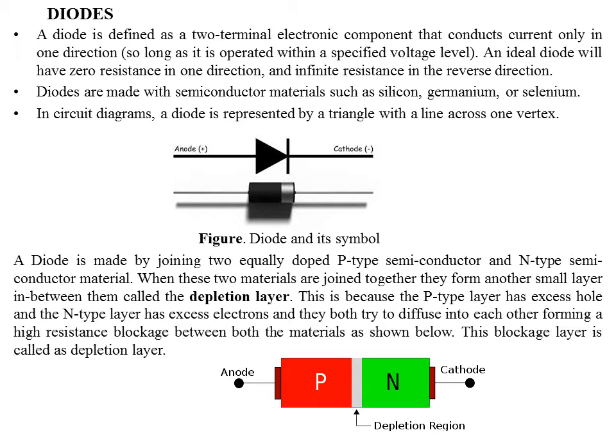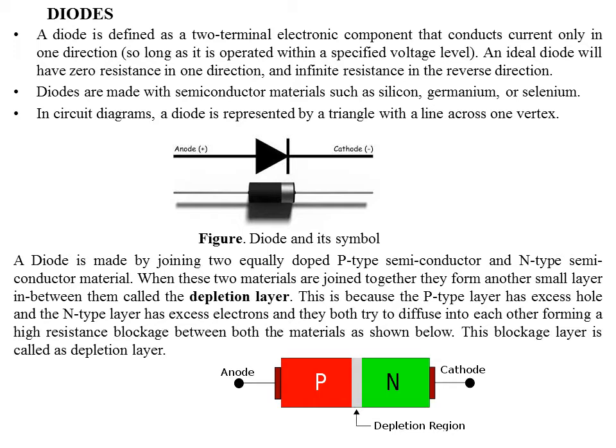This layer is formed because the p-type layer has excess holes and the n-type layer has excess electrons. Both holes and electrons try to diffuse into each other, forming a resistance for their movement. Because of this, a blockage happens and the layer is formed. This blockage layer is called the depletion layer.